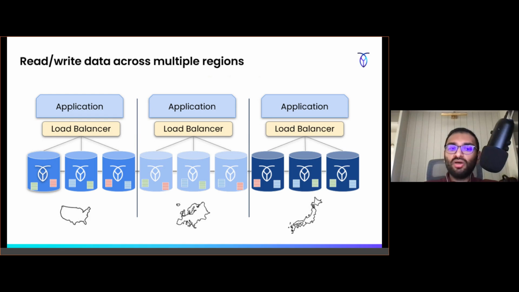Now, how long does it take to consider that region to be down? It's basically a 5-minute window where, if that region is not available, CockroachDB will keep that region and the nodes within it marked as suspect, but it will still be able to process transactions because you still have a majority available.